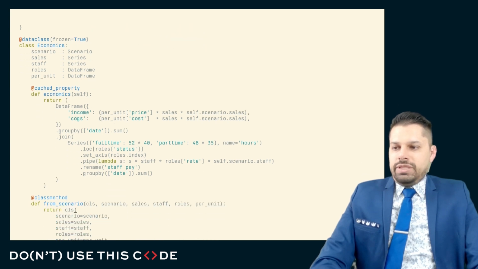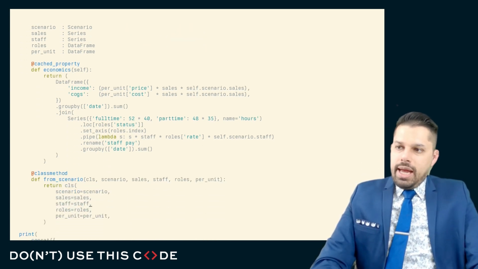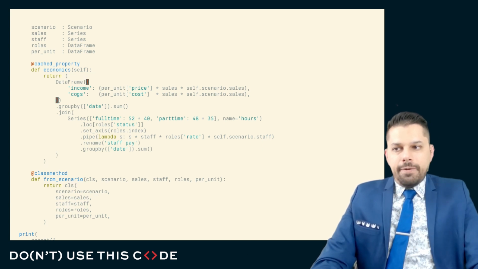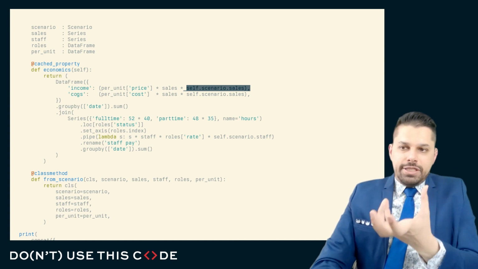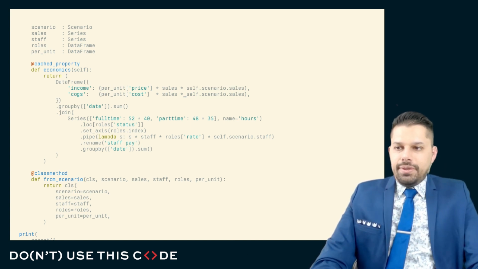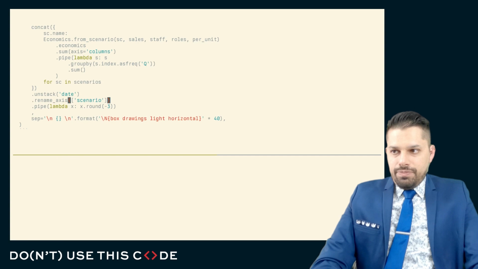All this does is take in the sales information, the staff information, the role information, the per unit information, and maybe it'll have a cached property that computes the economics by multiplying all of the things that we did before against the anticipated increase or reduction in sales and staffing. And so we end up with something that looks like the following.